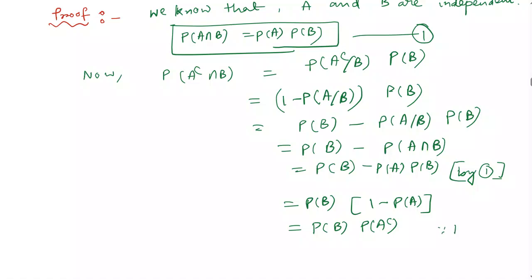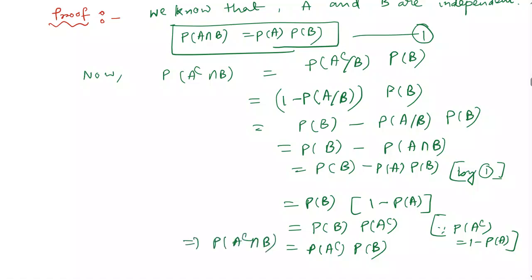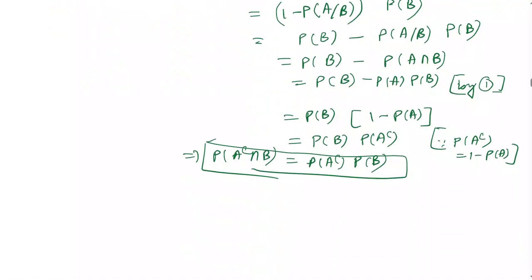You know probability of A complement equals 1 minus probability of A. I use those results, so that is equal to probability of A complement times probability of B. So probability of A complement intersection B equals this. That implies A complement and B are independent, right? Independent.